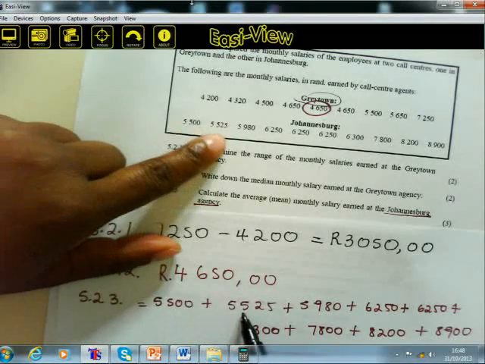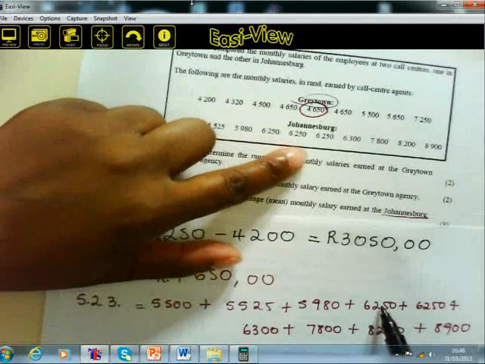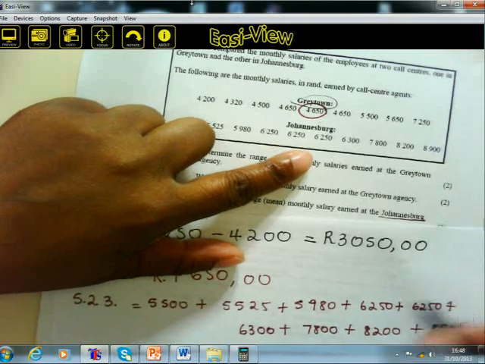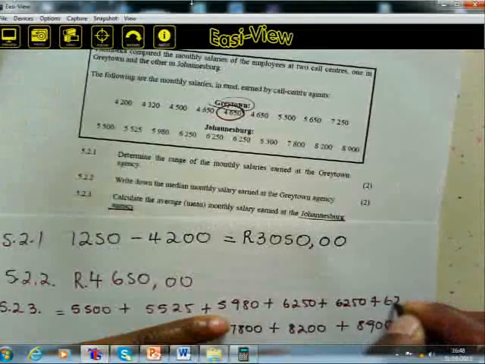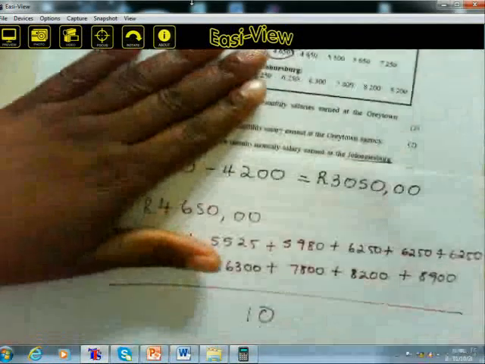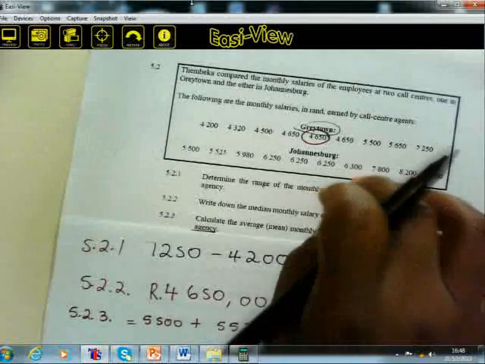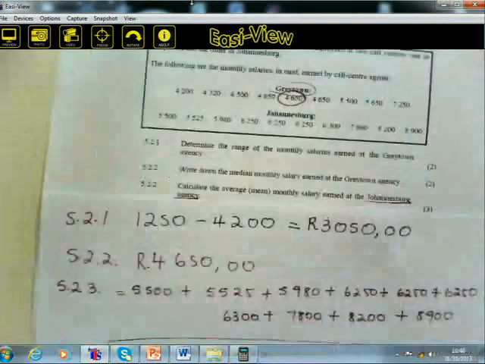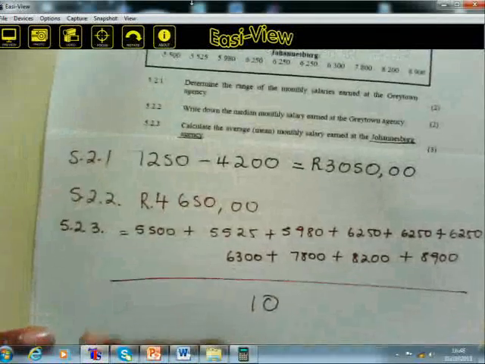There are 3 6,250s. So I wouldn't see that I wrote fewer numbers if I didn't check on the question paper how many numbers I have. So there are 10 numbers. I do have 10 because I've double checked.